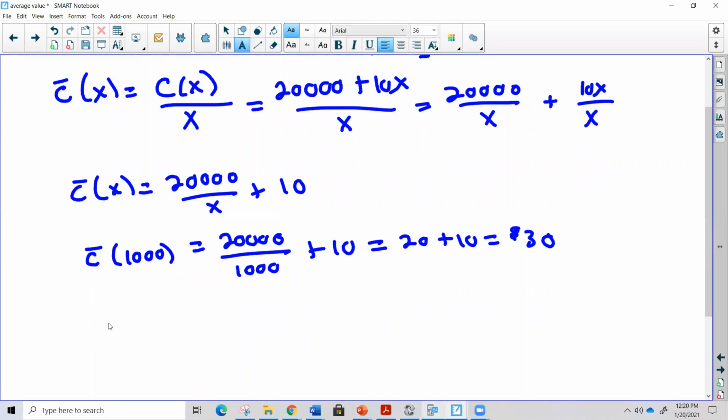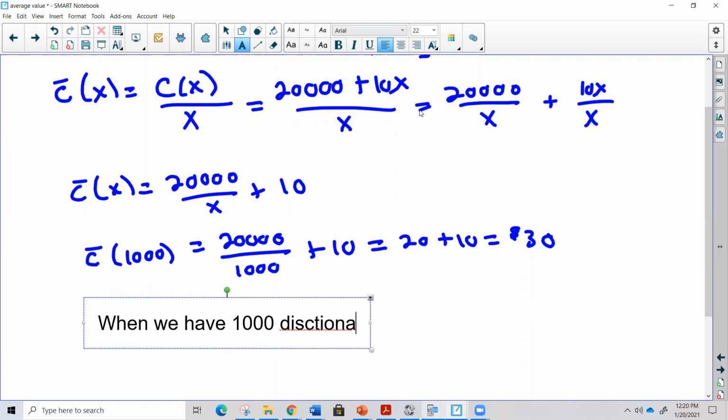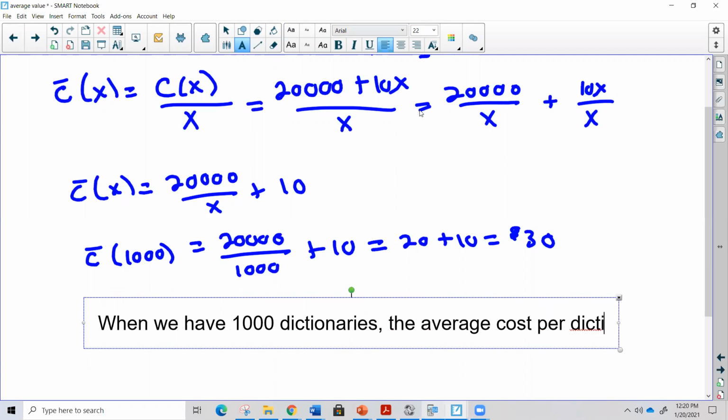So what we just found: when we have 1,000 dictionaries, the average cost per dictionary is $30.